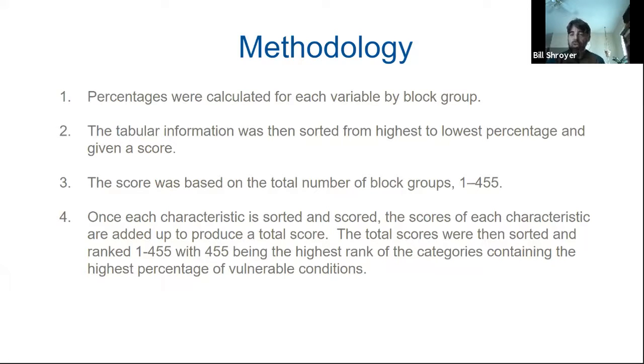Each of them was scored from 1 through 455, 455 being the highest. Then the scores were combined and re-ranked 1 through 455 again, where 455 was the highest percentages of each characteristic, and thereby the most vulnerable block groups.